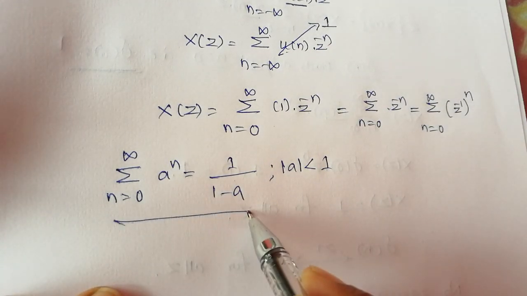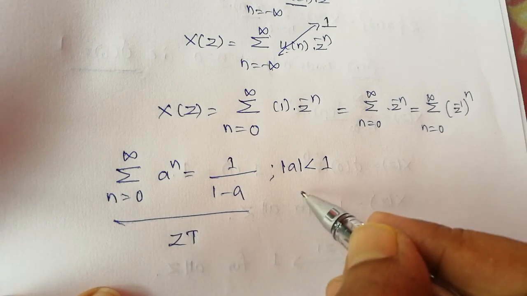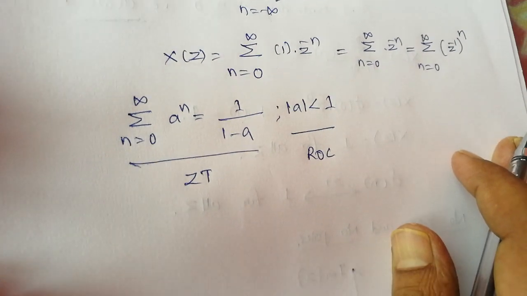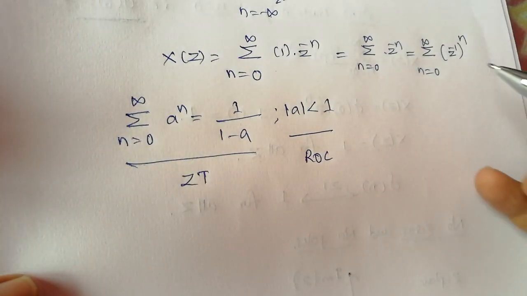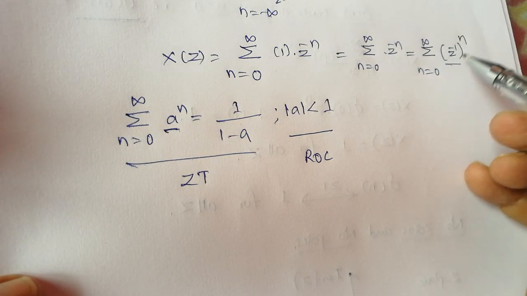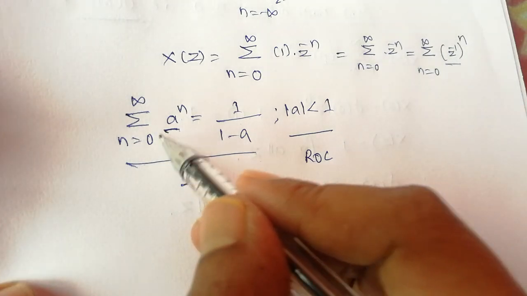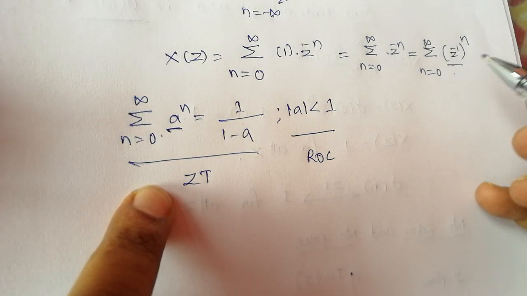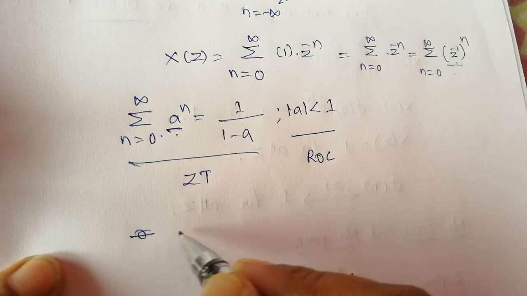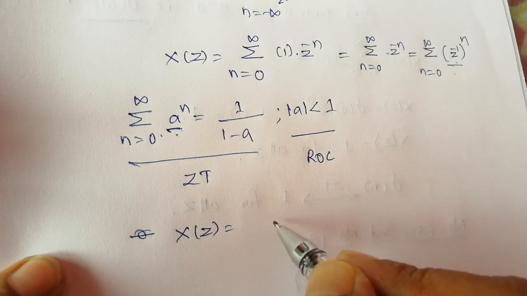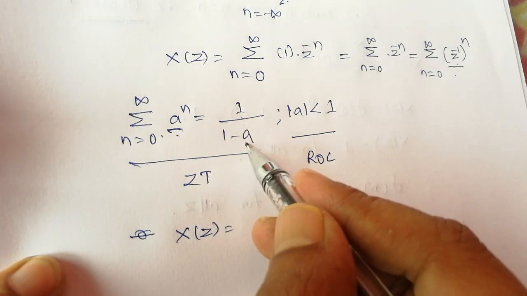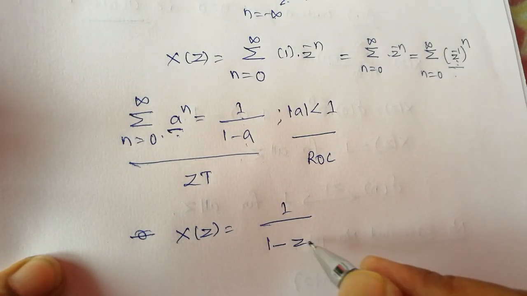This is helpful for finding the Z transform, and it is also helpful for finding the ROC of the result. In this example, a equals z raised to minus 1, the term present inside the bracket. Comparing this formula with ours, we get a equals z raised to minus 1. Hence X(z) equals 1 divided by 1 minus z to the power minus 1.